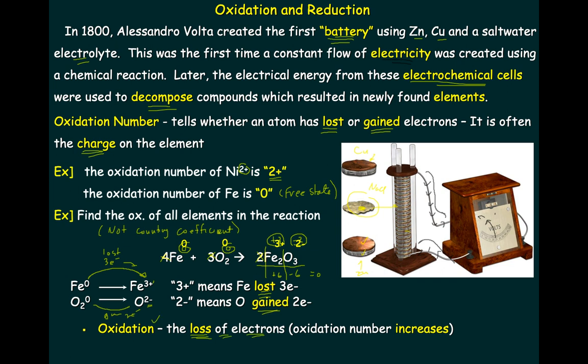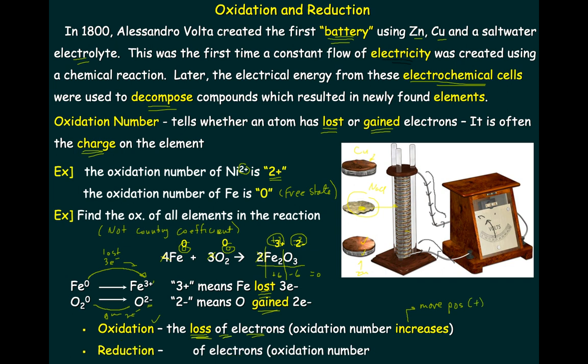Anytime you undergo oxidation or you've been oxidized, you've lost electrons. Okay, and what happens is the oxidation number rises. It goes up. It becomes more positive. You could think of it that way. That becomes oxidized. All right, more positive.